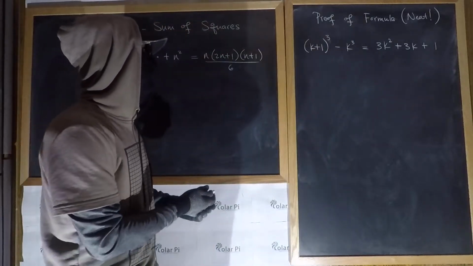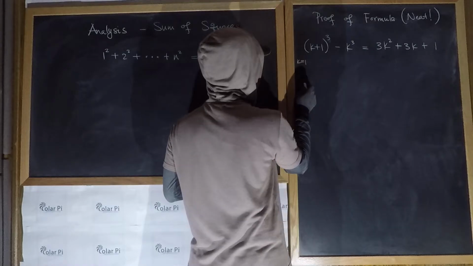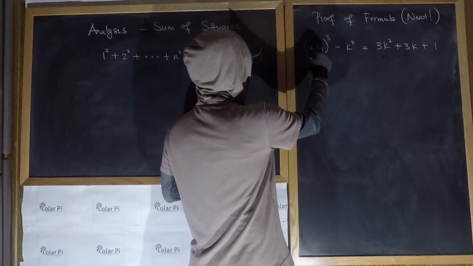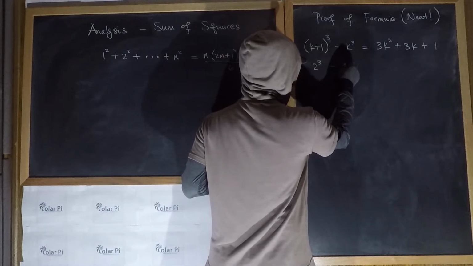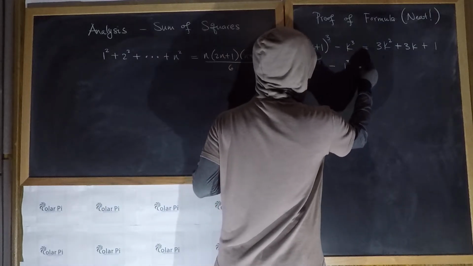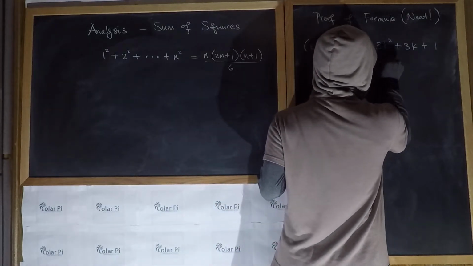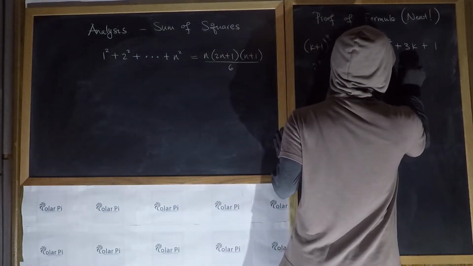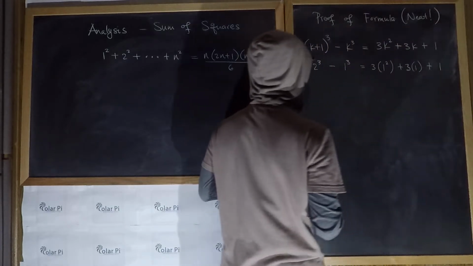Okay, so if we begin with k equals 1, then what we have is 1 plus 1 cubed, so that's 2 cubed, minus 1 cubed, is equal to 3 times 1 squared plus 3 times 1 plus 1.